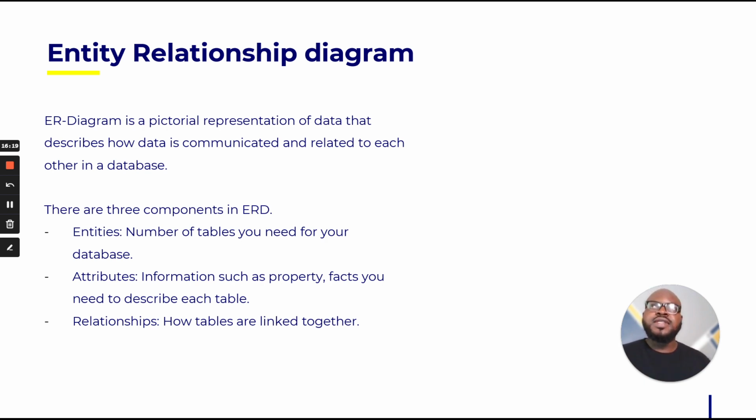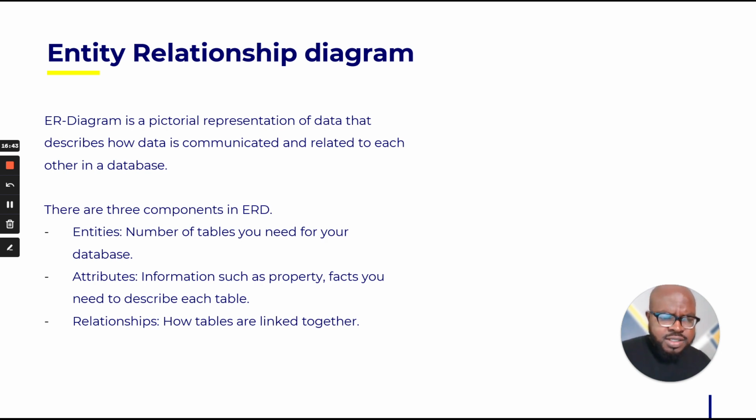We have some simple databases that have two tables that are just connected, and some really complex databases that have hundreds of tables that are all interconnected. So basically, what an entity relationship diagram does is help us visualize how all the tables in our database are related to one another.